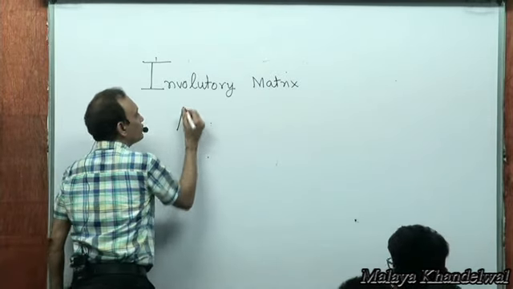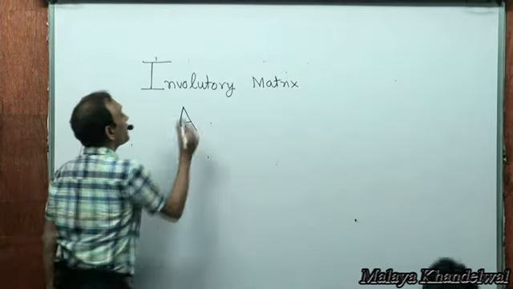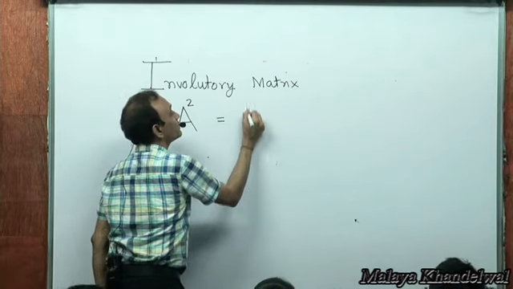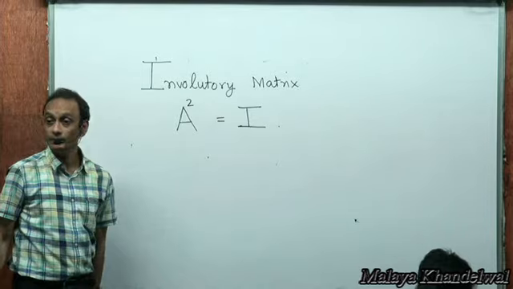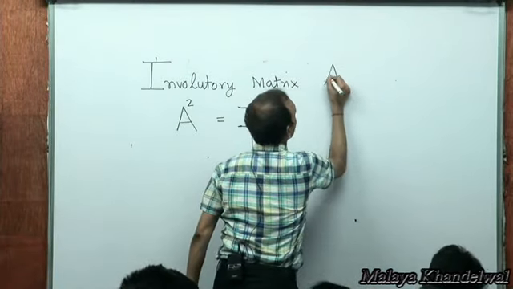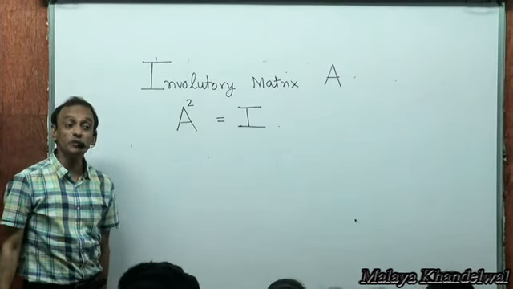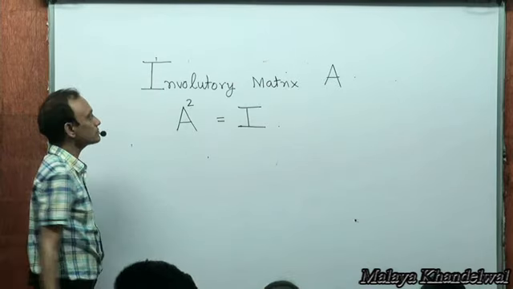A is called an involutory matrix if A square is I, the identity matrix. If A square is I, then A is called an involutory matrix.